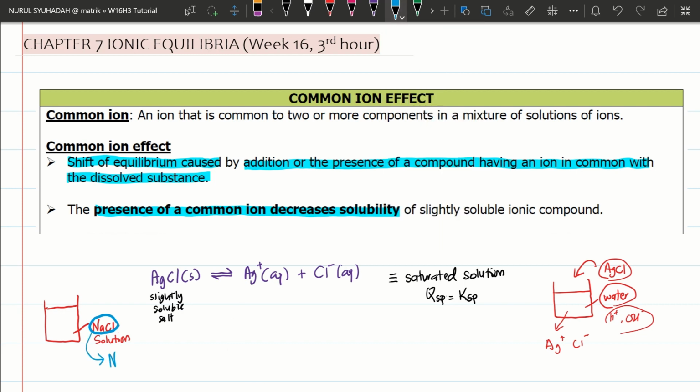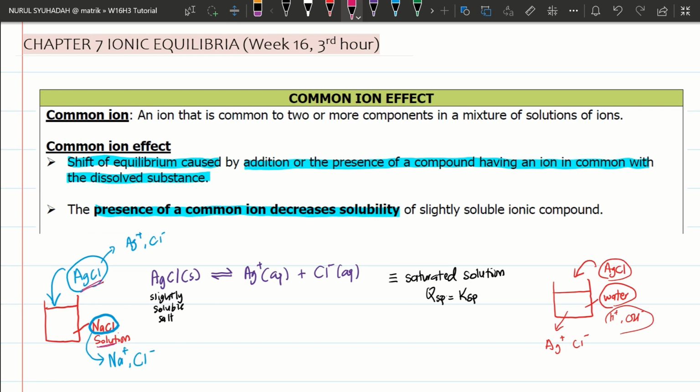Saya akan ada Na+ dan Cl-. So when I add AgCl salt into the solution, AgCl ni tadi akan dissociate kepada Ag+ dengan Cl-. So if you look here, kita ada common ion between the solution and then the slightly soluble salt.